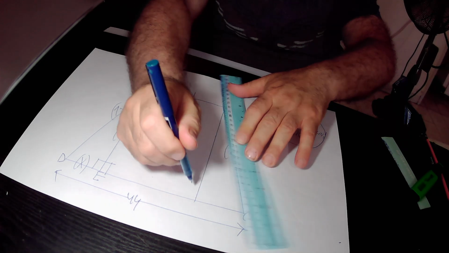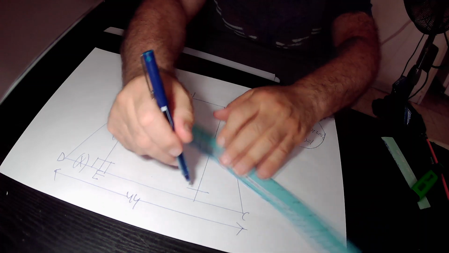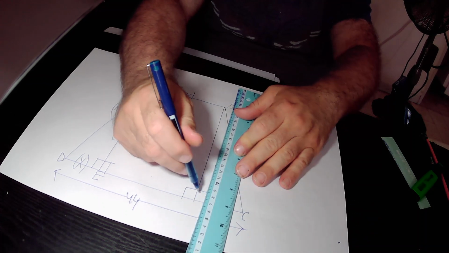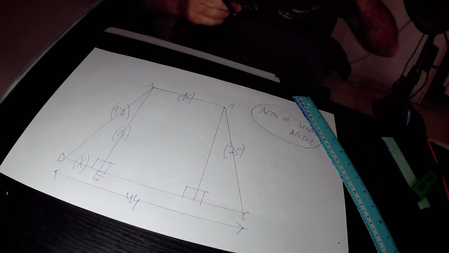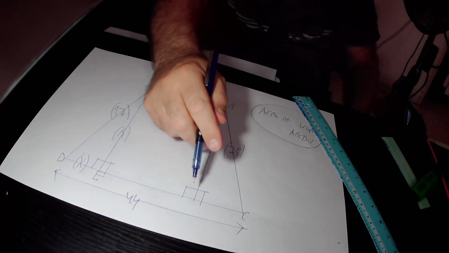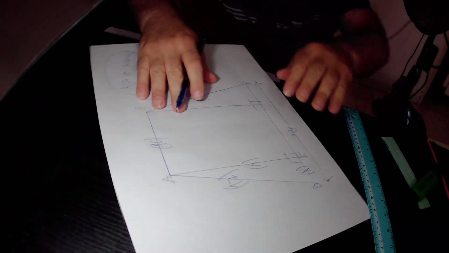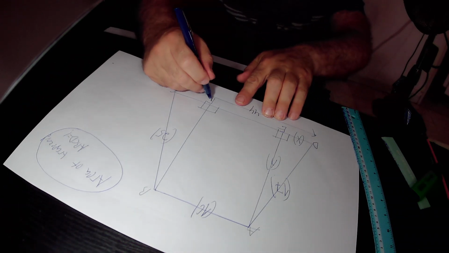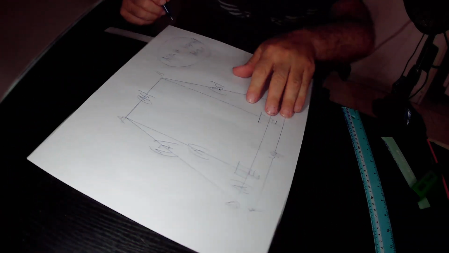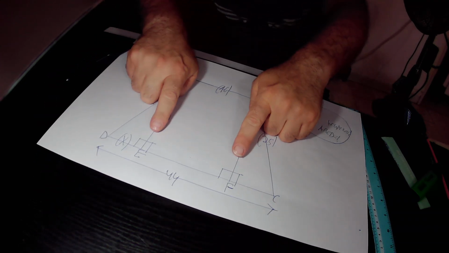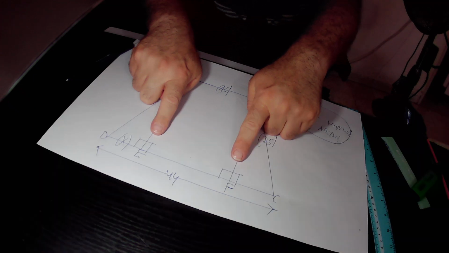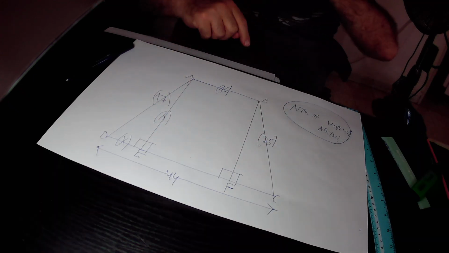So actually, this angle equals 90 degrees, and this angle also equals 90 degrees according to our construction. We will define the touching point of the perpendicular from point B on DC. This point is point F.